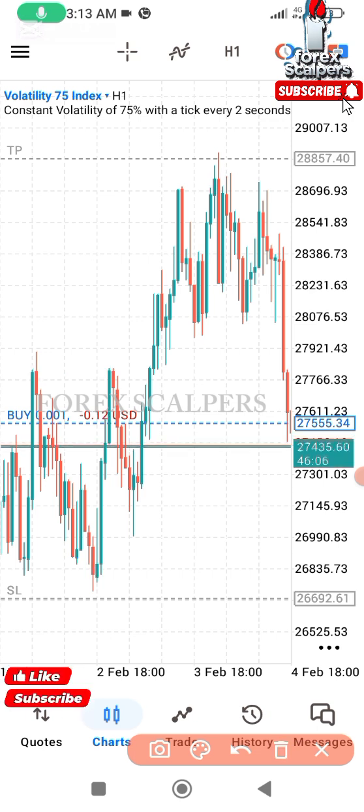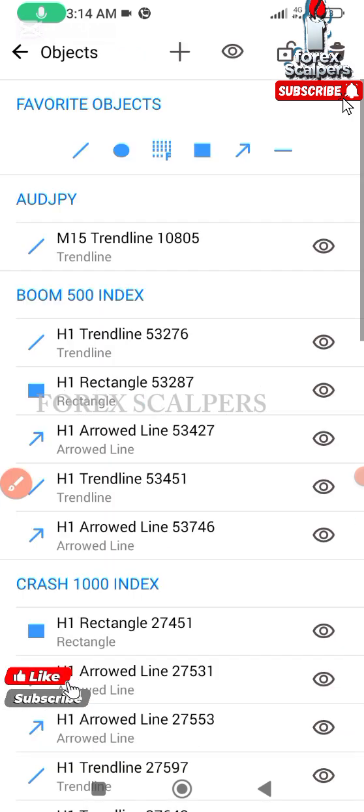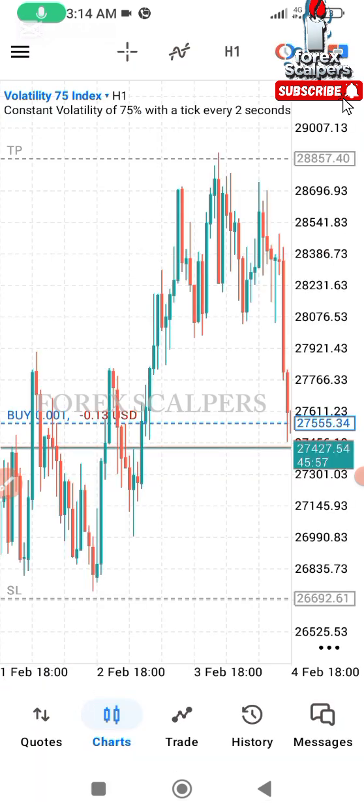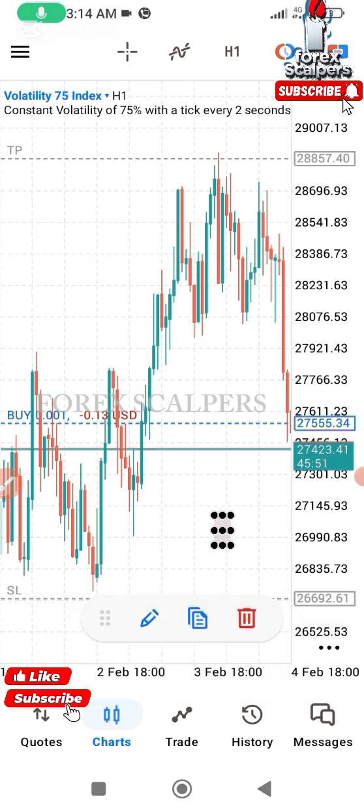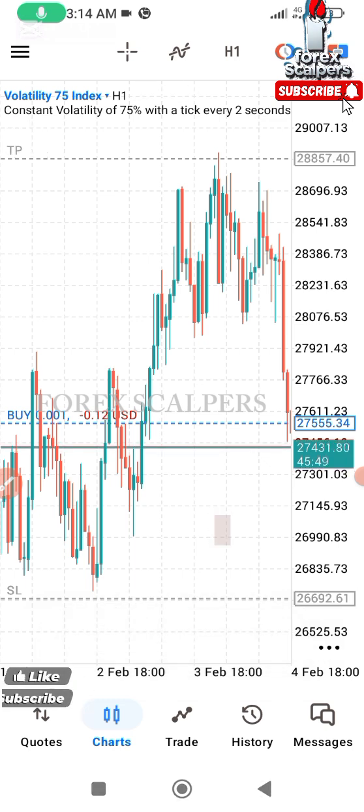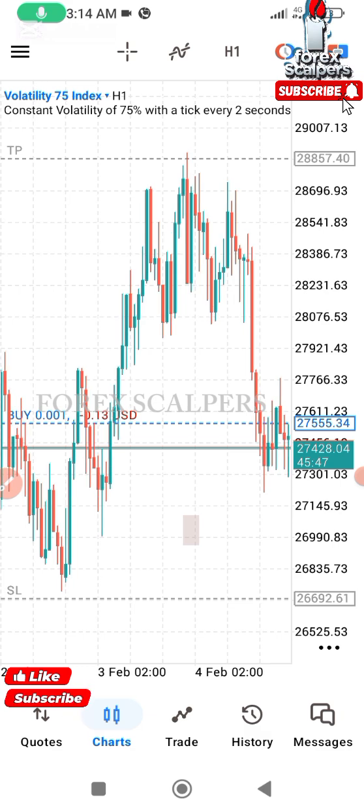So what is the next thing we want to see? We want to identify our point of interest. So looking at this price movement, now that we've determined our trend, we need to know what is our range. We need to identify our range.